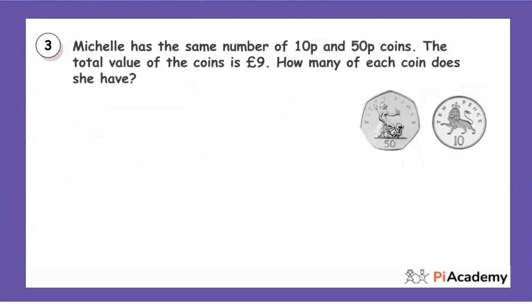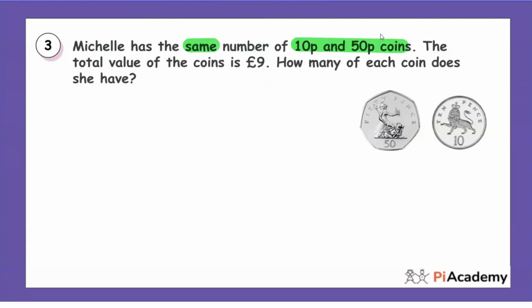This next question is all about coins, where you are going to use algebra. But before that, let me read this question for all of you. Michelle has the same number of 10p and 50p coins. So this is again the same type of question, where there are the same number of coins for 10p and 50p.